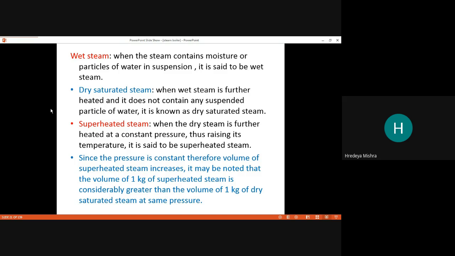Means the volume of 1 kg of superheated steam is more in comparison to 1 kg of dry saturated steam under the same conditions.